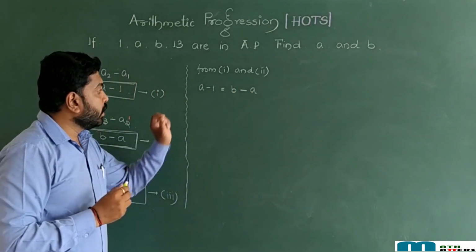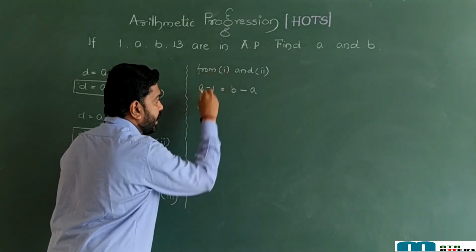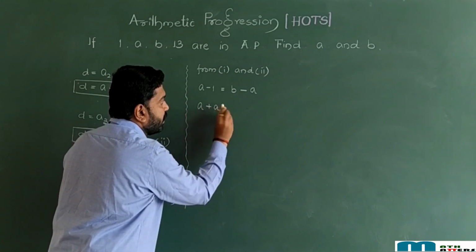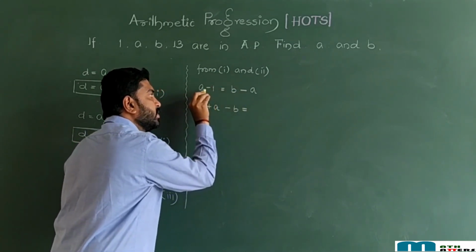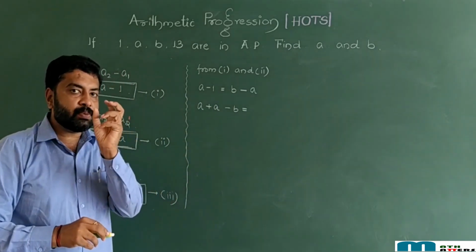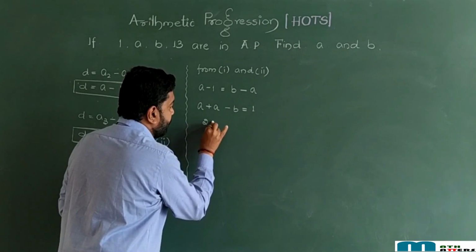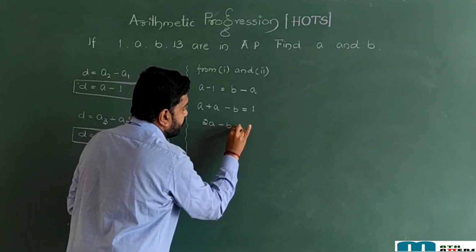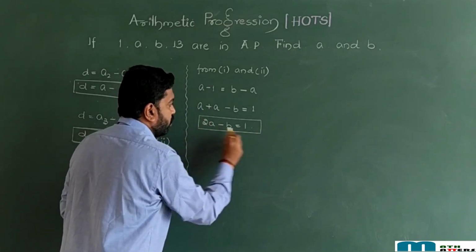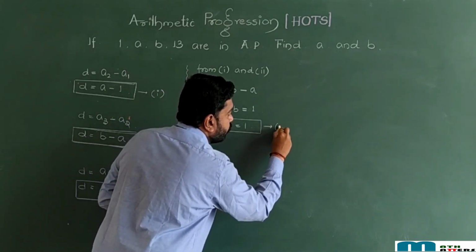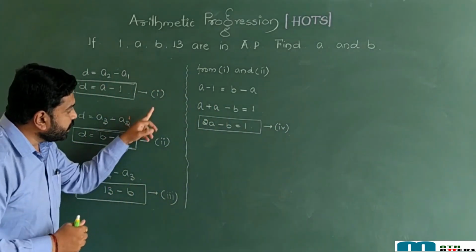Shifting: if I shift a, this minus a becomes plus a. I take this b, minus b, and I take this 1 to the RHS. Minus 1 to the RHS becomes plus 1. So 2a minus b is equal to 1. This is one equation. I can call it equation number 4, because already three equations are here.